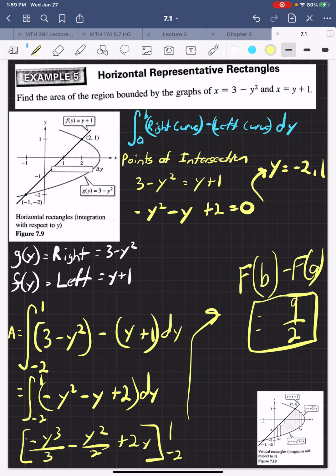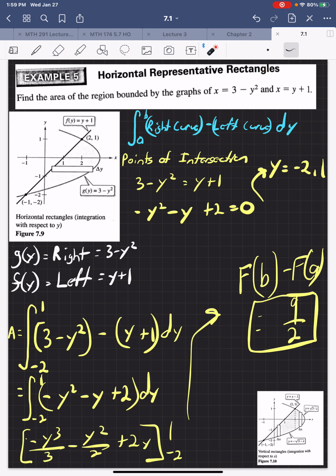So notice that if you wanted to, you could solve this equation for y so that you could do top minus bottom. You could solve this equation for y, only you would have a square root here, right? So plus or minus.